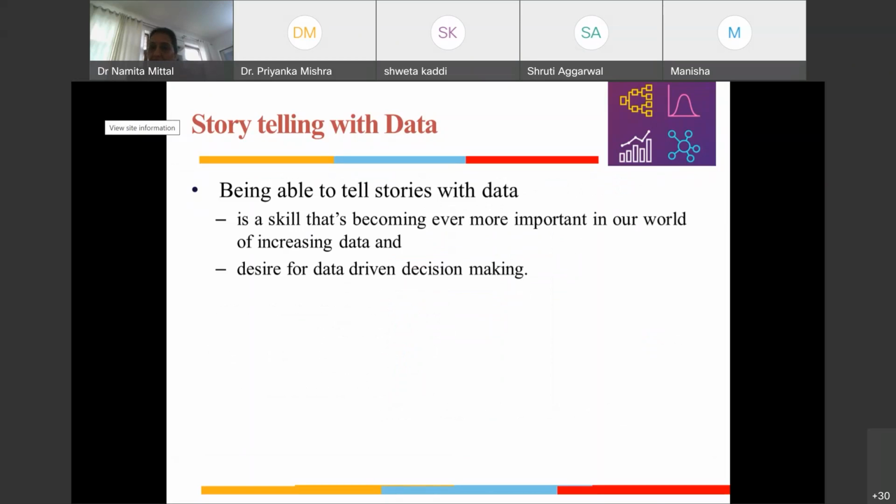So if in one visual we can take the decision, that's the success of data visualization. Data visualization is not only telling about the data, it gives the insights in terms of story. And stories are made using the data.